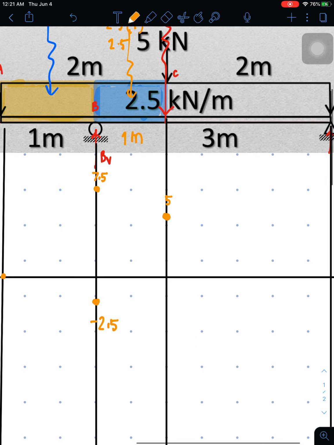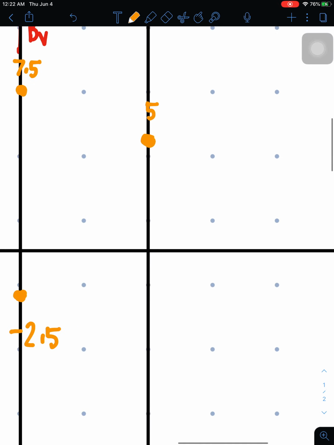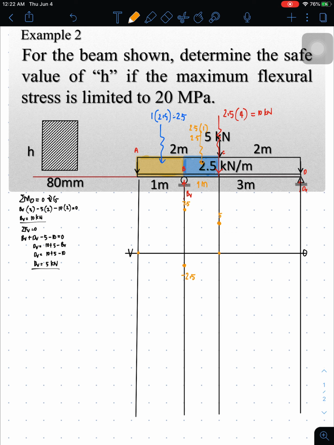Then the other value for C is subtracting the concentrated load of 5 from this 5. So 5 minus 5, since it is downward, the value is 0. So the shear value remains there at 0.